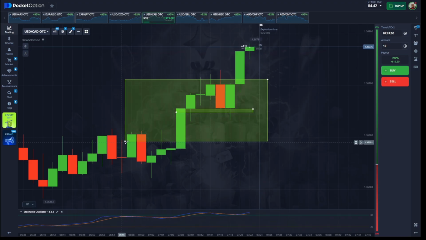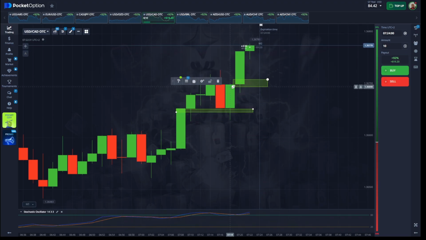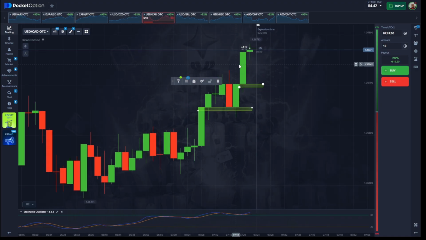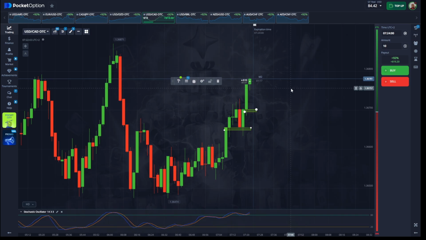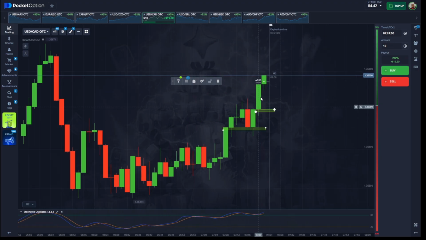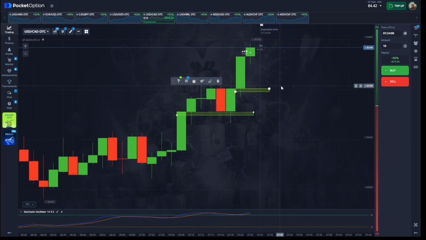There's an entry when the candle breaks its own open, and if the candle also runs and gets to this rejection area, there's also going to be an entry there. But if it doesn't, then let it just continue to go up. I believe that this will continue to go up because of this massive push.